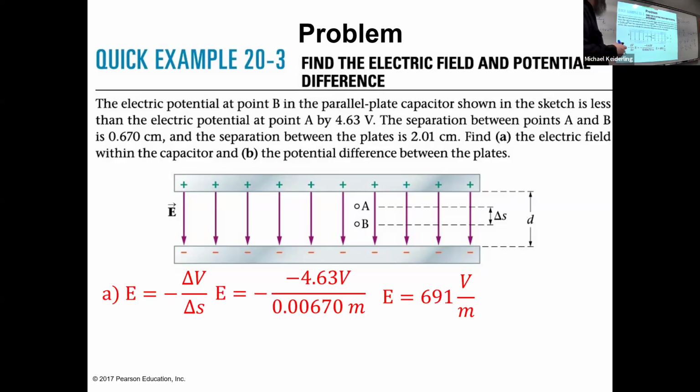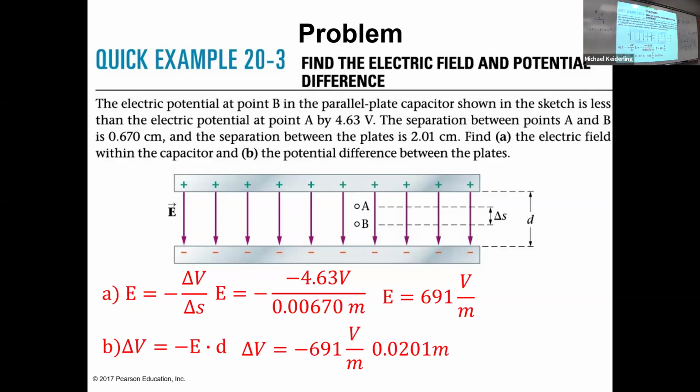Then to find the potential difference between the two plates, now we know the electric field, so we can repeat using this equation, but instead with a new delta S, and we can find the new delta V. So delta V is minus E times D. Delta V is going to be minus 691 volts per meter times 0.020201 meters, which is a voltage of 14.5 volts.